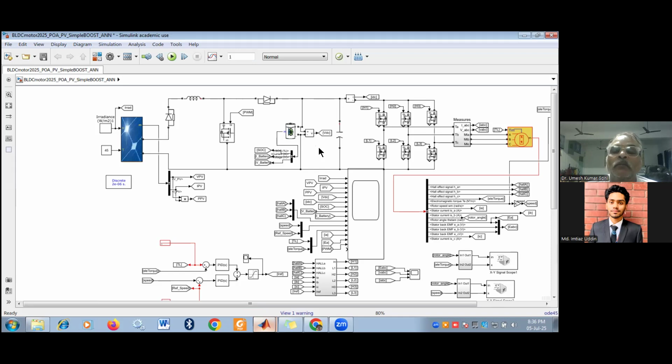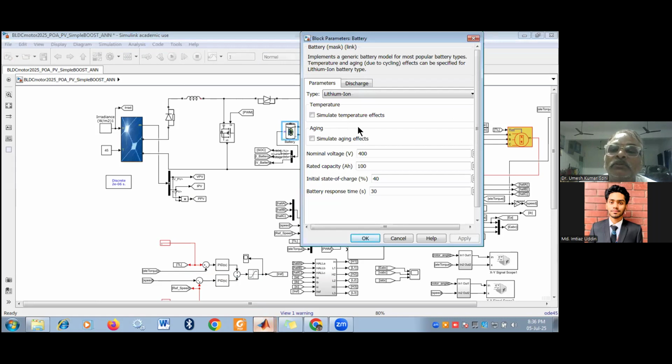So the thumb rule is that the battery capacity should be such that, at fully charged condition, it can drive 3 hours with the rated load capacity and rated speed. Okay, so we can define the battery capacity here.